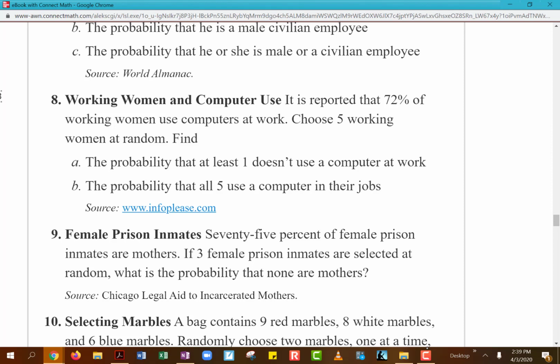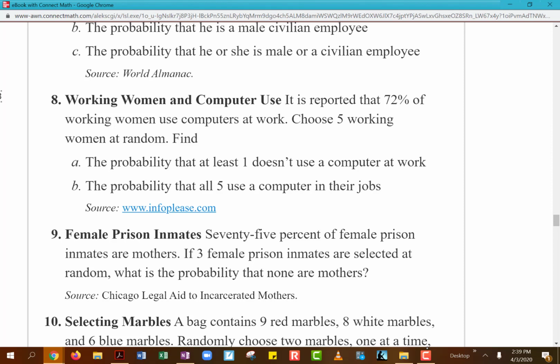If we choose 5 women at random, this is the at least one example. Part A is saying find the probability that at least one doesn't use a computer at work. And part B is saying find the probability that all 5 use a computer in their jobs.